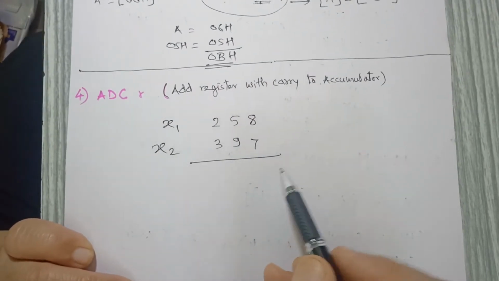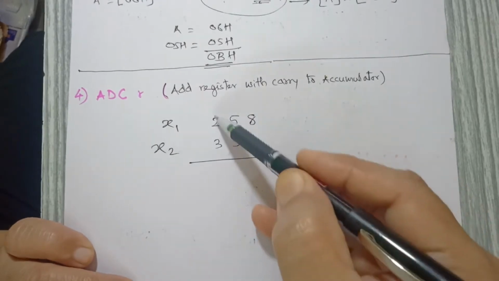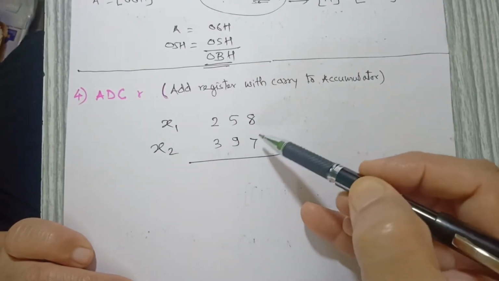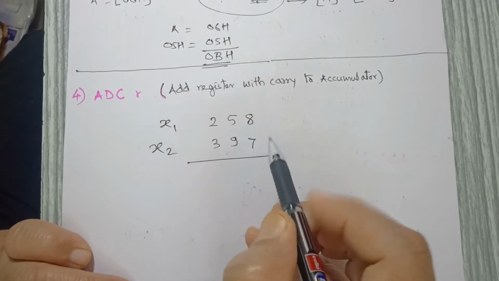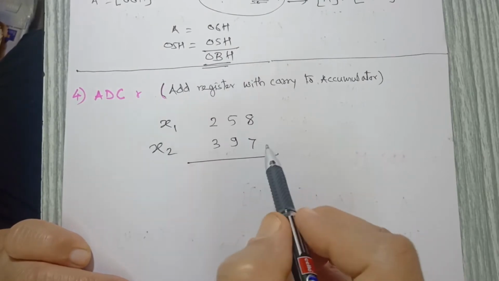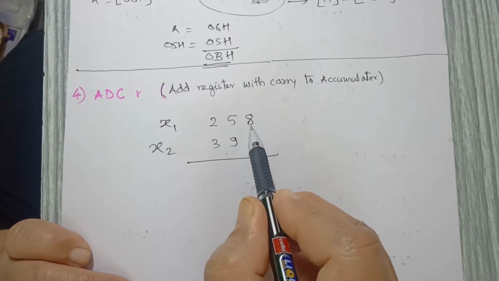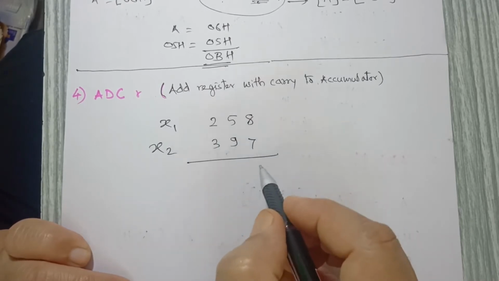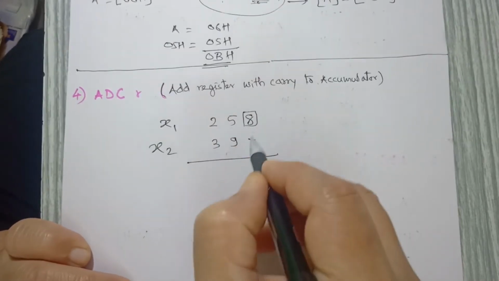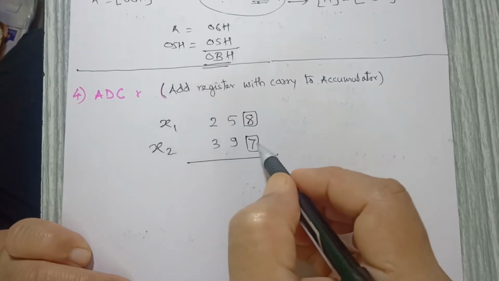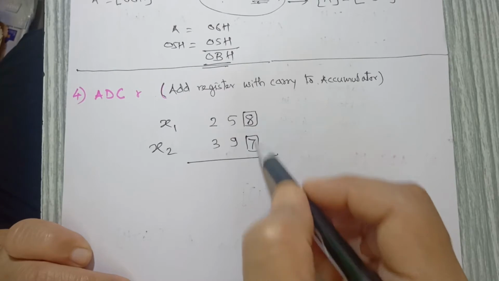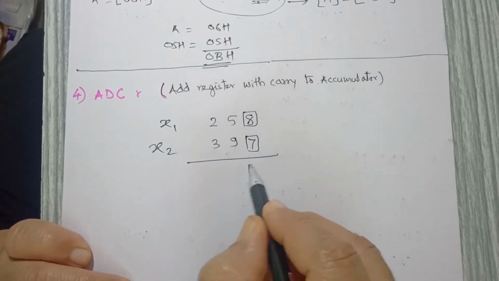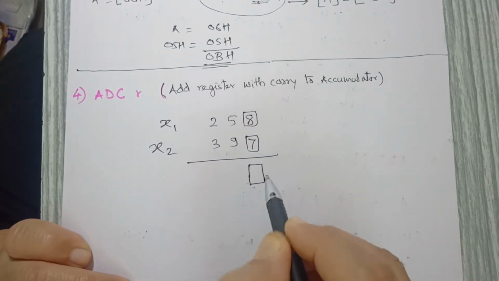We have 3 columns and we start from the least significant column, and then we add 7 to 8. When one digit is added to the next digit, that results in a sum which cannot be accommodated in a single digit.